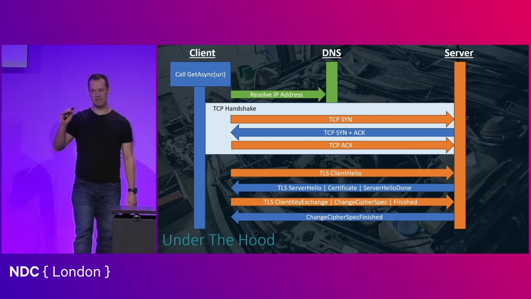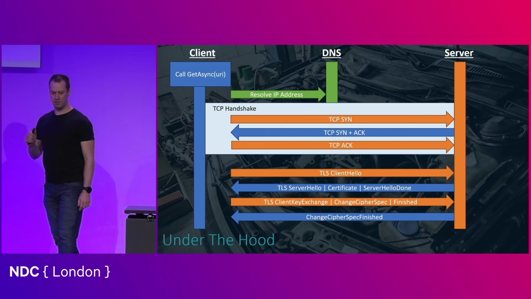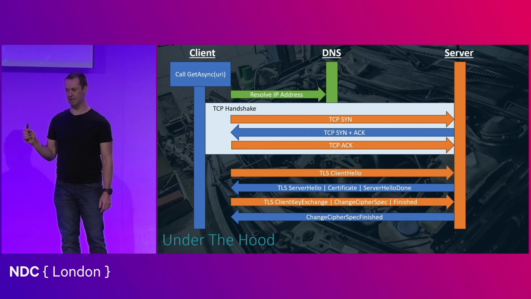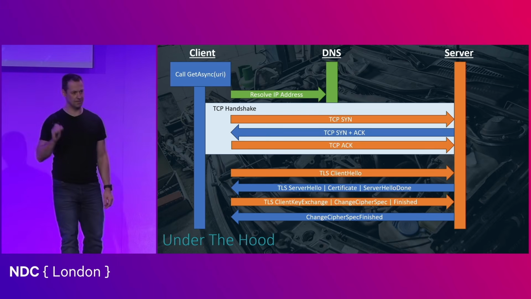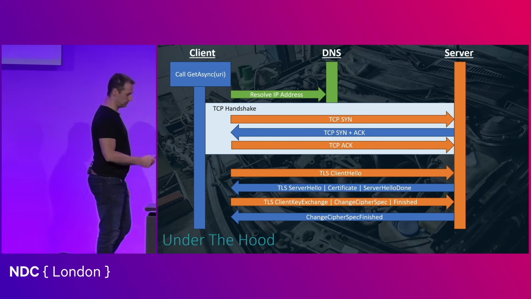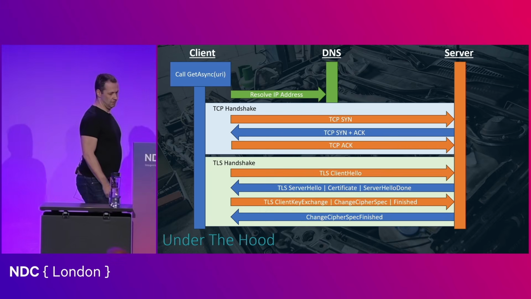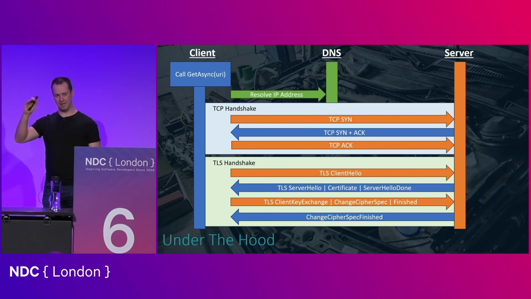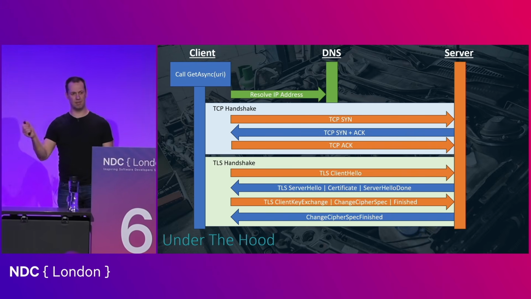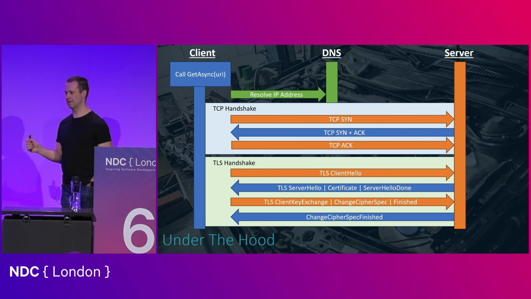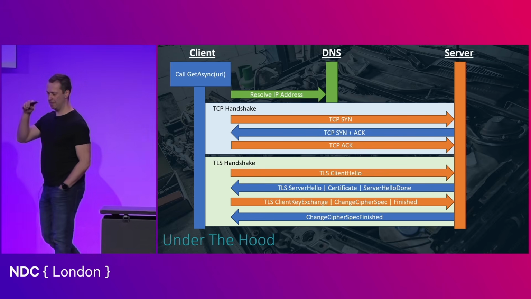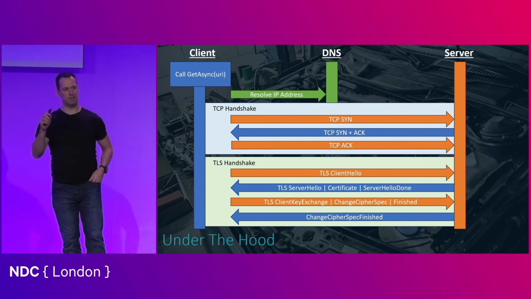All of these things happen every time you say GetAsync on a new instance of HttpClient. All of those steps. Just to give you an idea of everything that happens in that couple of milliseconds before you get your response.